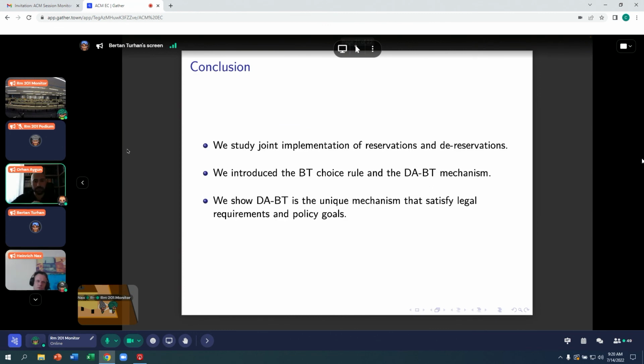So as you see here, we studied the joint implementation of reservation along with dereservation policies in affirmative action in India, and we analyzed the current mechanism, introduced the backward transfer choice rule, and proposed the DABT mechanism.